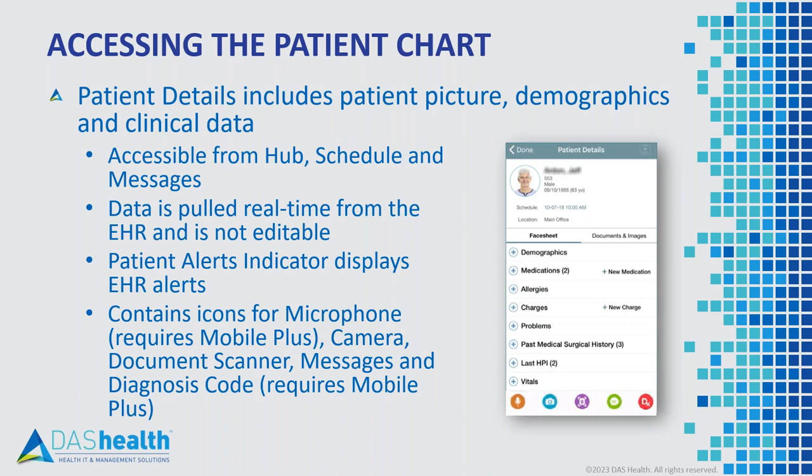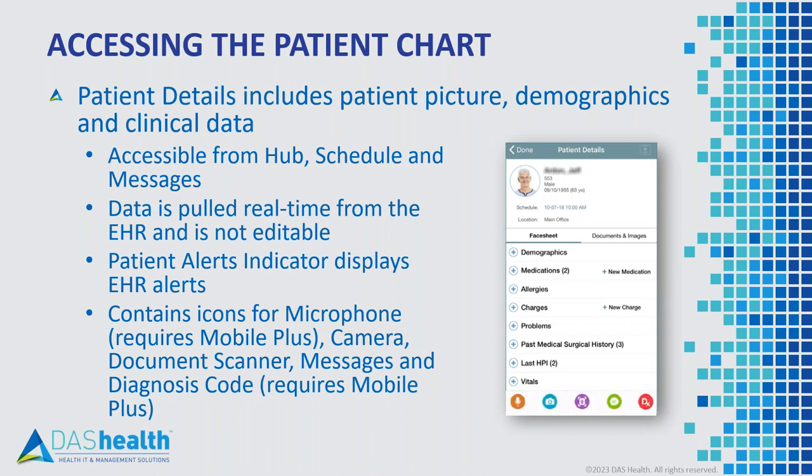We can access this patient details view from a couple of places. We can get there from the hub, that main landing page. We can get there from within a schedule, if we're looking at appointments. We can also get there from within messages, so if we're looking at a message referencing a certain patient, we can click on the picture to view these patient details.